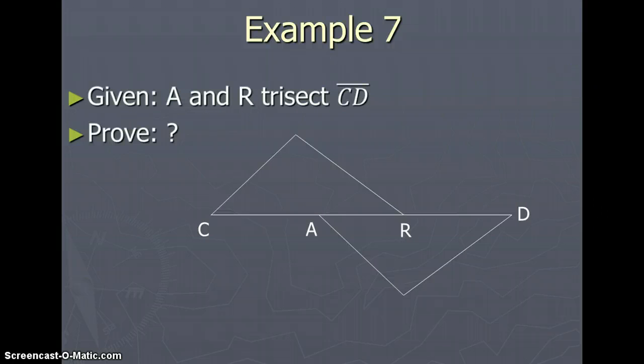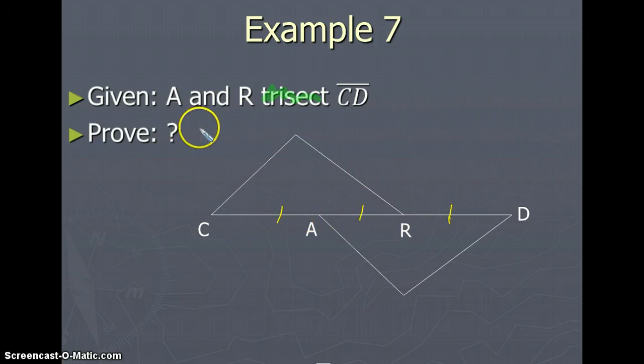So example 7, we have A and R trisect segment CD. Again, that key word there, trisect, three equal parts. So we've got 1, 2, 3 congruent parts right there. So my conclusion seems to be that I can say each of those three parts are equal.